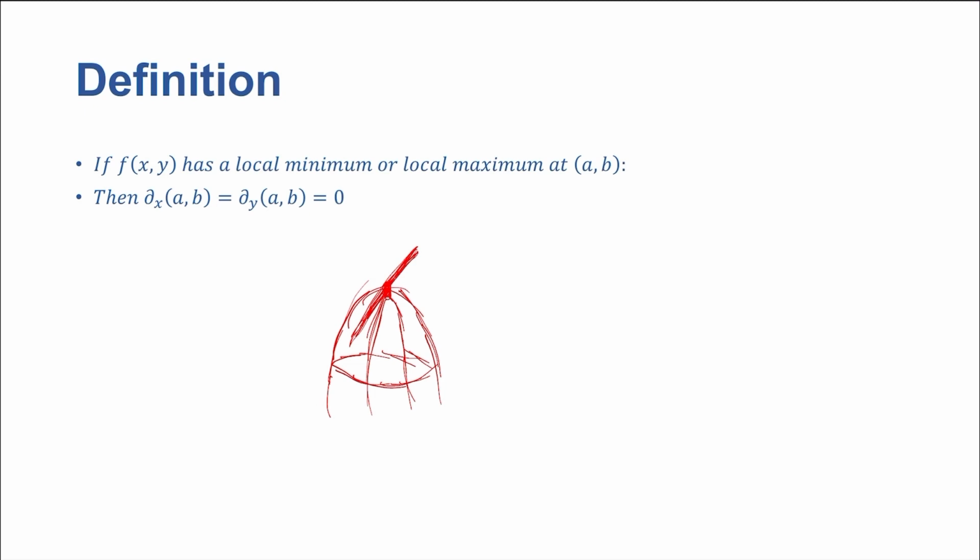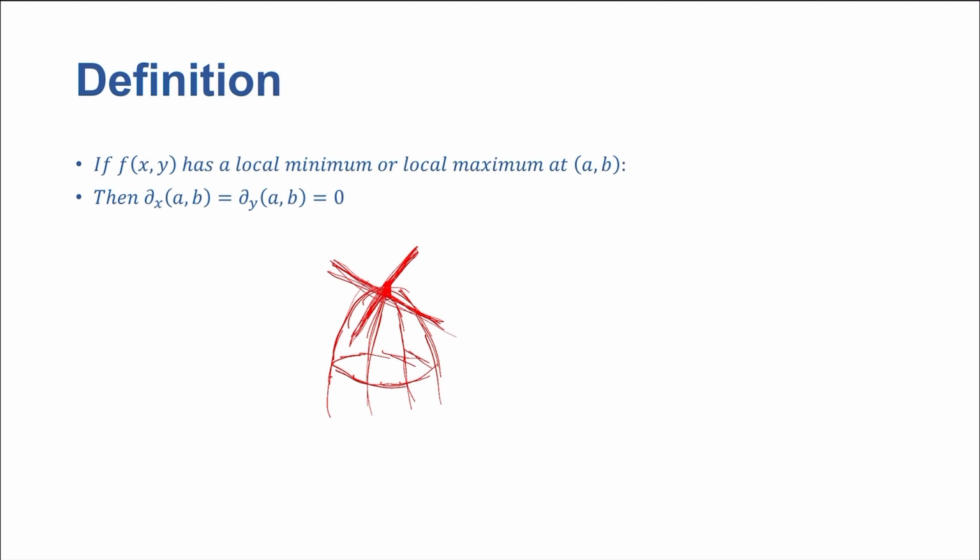And additionally, if I have a y derivative that's equal to 0 as well, then that means that we're going to have a maximum, because just saying that my x derivative is equal to 0 doesn't really do much for me.